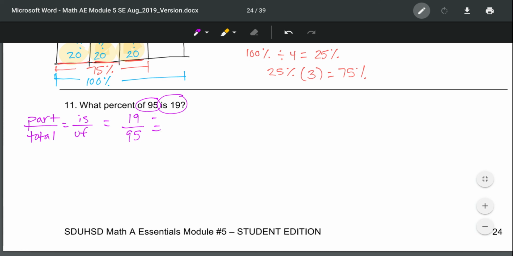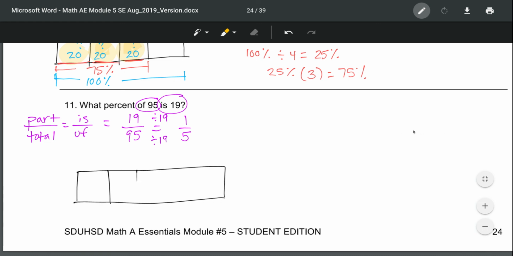If you reduce that, you can divide the numerator and denominator by 19 and you get 1/5. So take your bar model and break it into fifths.